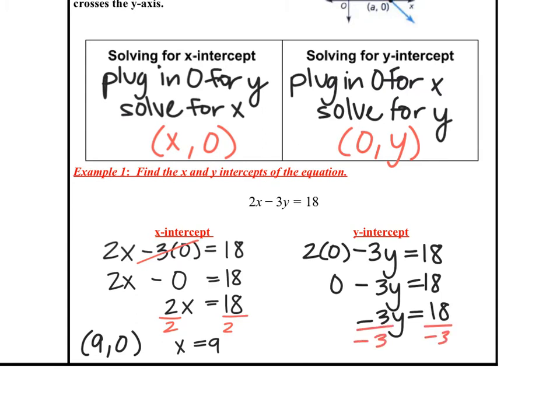So basically this did nothing for us. Divide by -3 and I get -6. So my y-intercept is (0, -6). So here's the two things that we get from this, the 2 points on the graph. Here's my x-intercept and my y-intercept, and you can graph those on a grid.